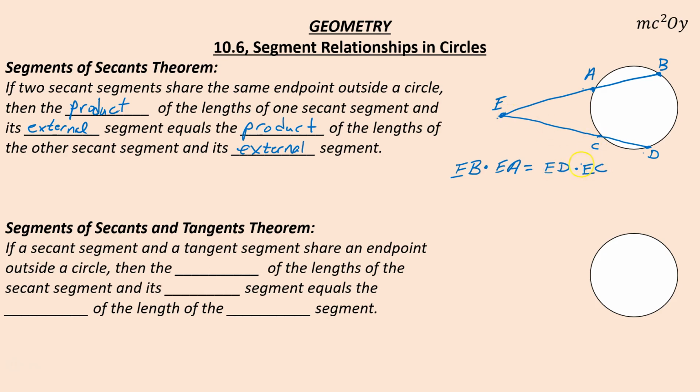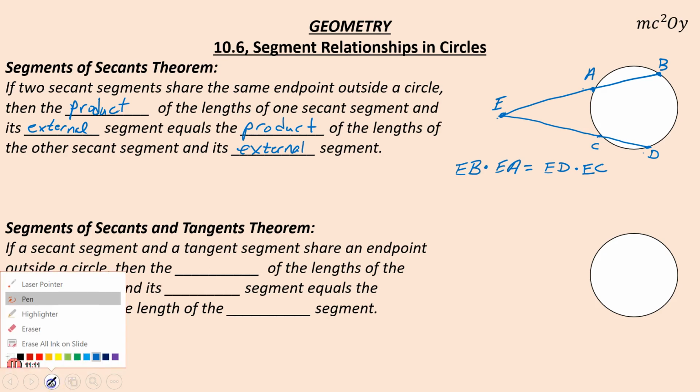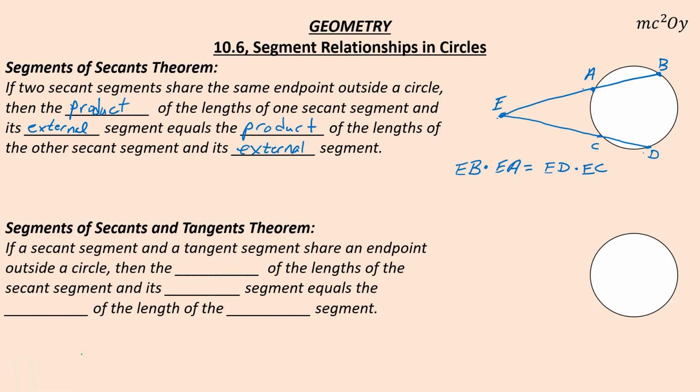And there is a proof to go along with this, or a way to show it, kind of like I did on the previous one. It deals with similar triangles, and I'll just kind of sketch it out real quick, but I really don't want to go into it too much because it kind of confuses some students and messes things up just a bit. But if I were to create two triangles out of this, triangle EBC, and then triangle, let me erase this so you can see the other triangle, triangle EDA.